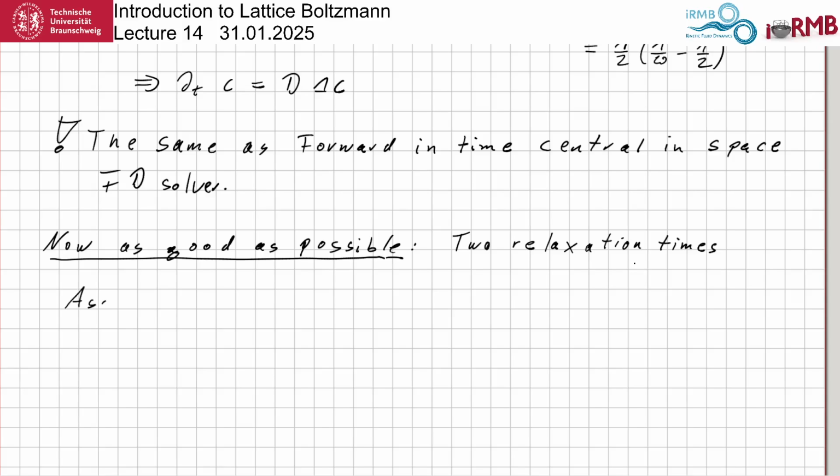So the assumption that we make is that we have one relaxation time tau odd for odd moments, and tau even, tau e, for even moments.